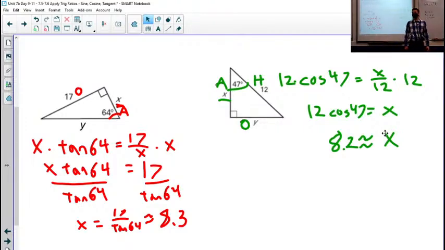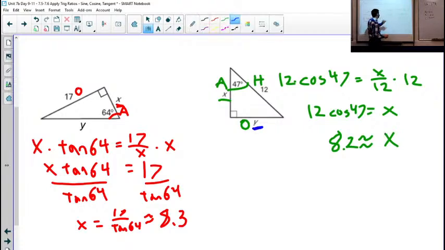Questions there? All right. Now let's solve for y. So now I care about y. Now I don't care about x because I'm already solved for it. So resetting the question, go ahead and lock in which one we're going to use.